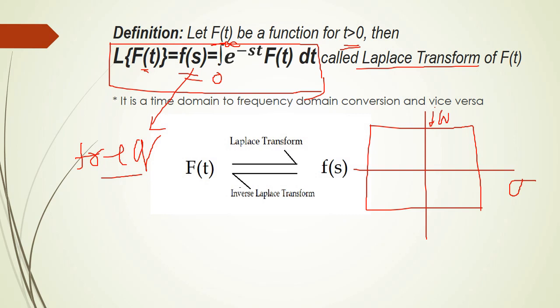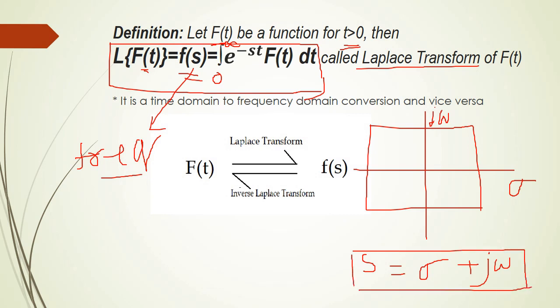So let us say S. What would be the equation of this S? As this S is the composition of this real part and this imaginary part, we can say that S is sigma, which is the real part, plus j omega, this is the imaginary part, and this entire segment is called the S plane.